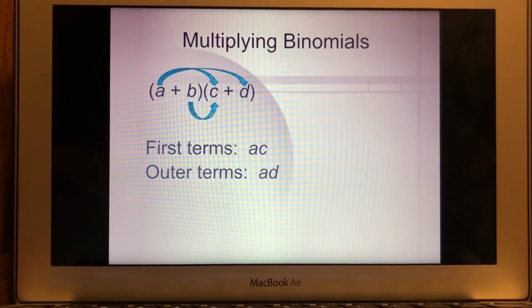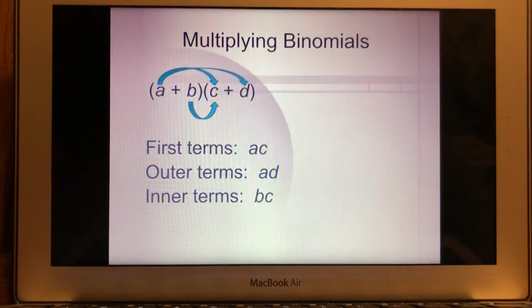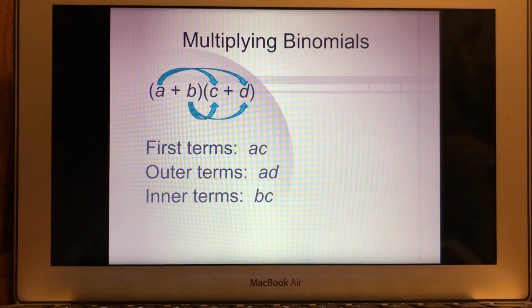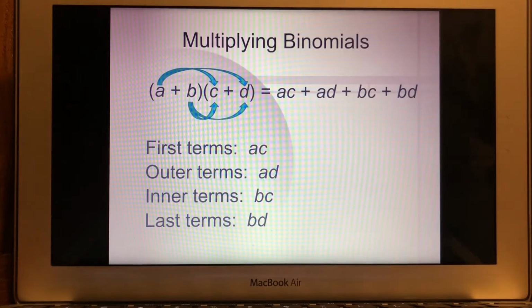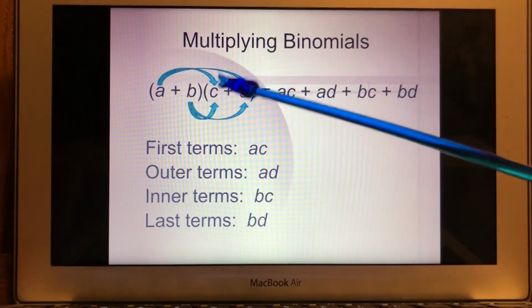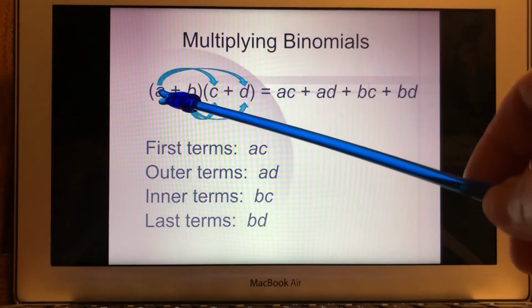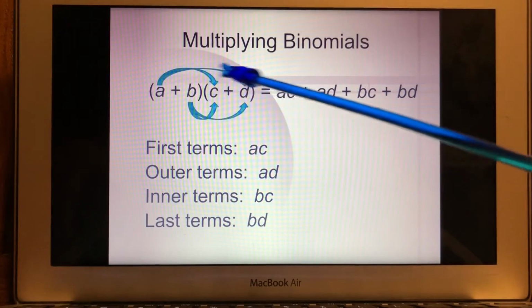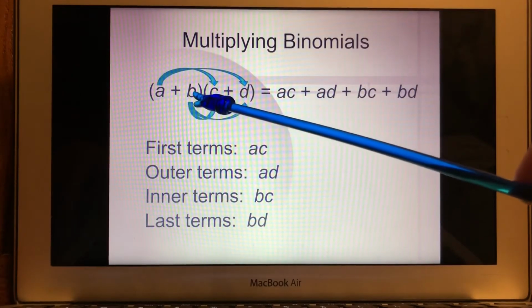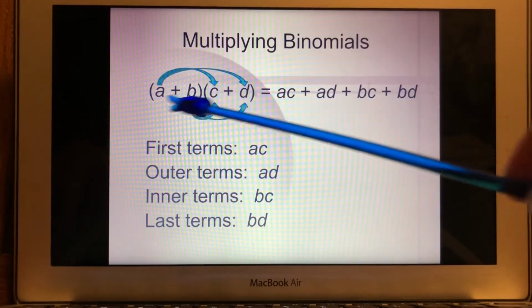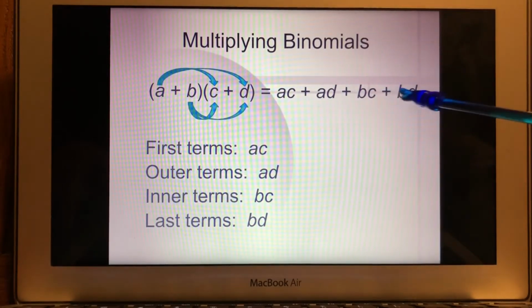I means your inner terms, b and c. And last terms means the last terms of the two binomials, b times d. So this becomes ac plus ad, the outside terms, plus bc, the inside terms, plus bd, the last terms.